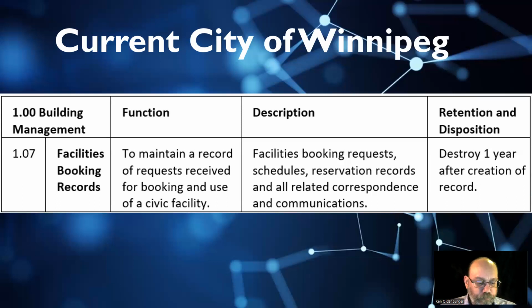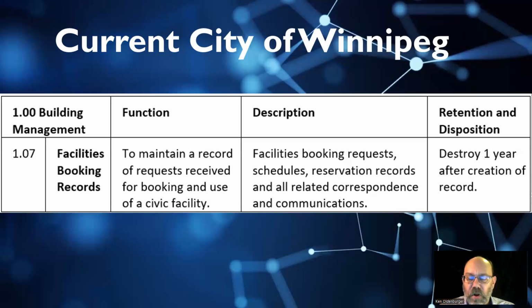Now we come to the step where an active file folder would get closed. And in the other ones, we saw it was calendar year or fiscal year or some sort of an event trigger. What we've got here is a written out event trigger, but it is an odd one.